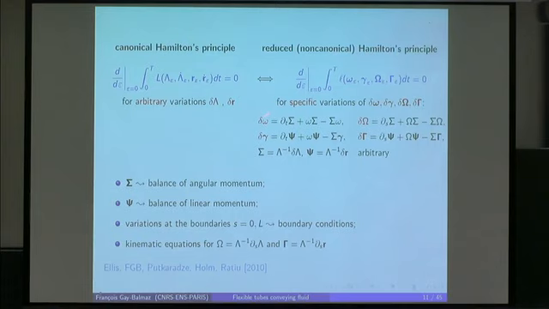Using Hamilton's principle with respect to ordinary variables, the configuration variables Q, Q dot, is the same as using some transformed variational principle for the convective variables. So remember, omega and gamma are the convective variables, and the variations of them that you use in the principle are not arbitrary like in here. They have some constraints. So in fluid dynamics, you have seen these constraints. These are the Lin constraints.